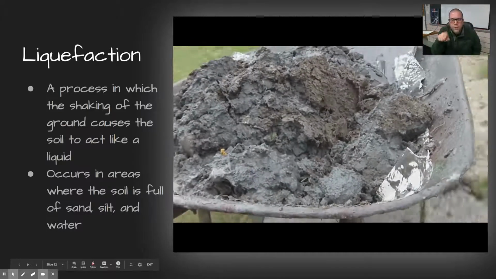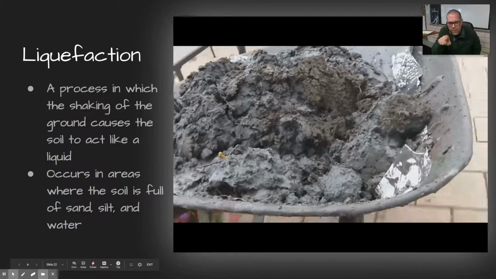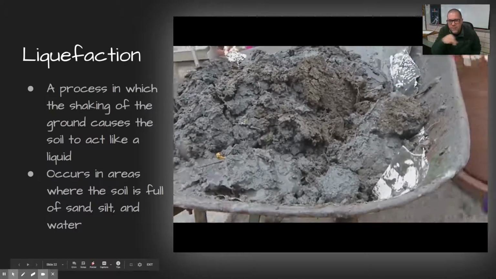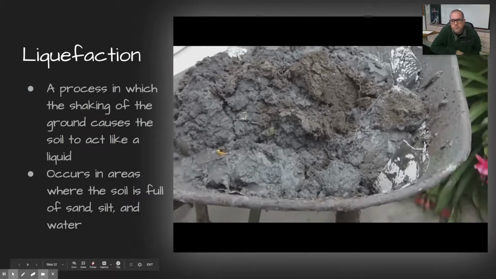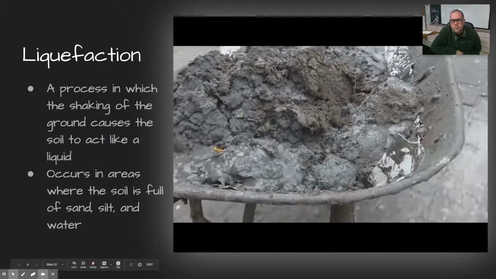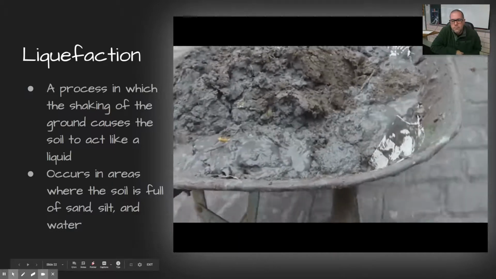Watch the soil on the bottom of the wheelbarrow, closest to the bottom of the screen. Now, here. Now onto the cobbles. We're shaking now from liquefies.